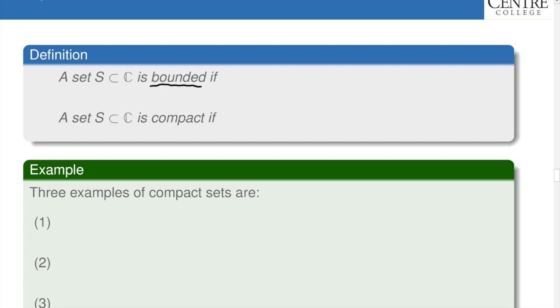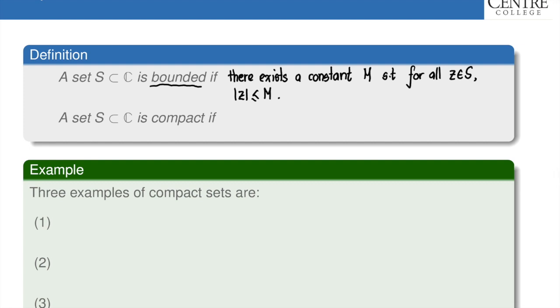Here's the exact definition: there exists a constant M such that for all z belonging to the set S, |z| is less than or equal to M. It doesn't really matter, but I think that's what the book uses, so we're going to stick to less than or equal to. That means no matter what point I pick in the set, its modulus is less than or equal to M.